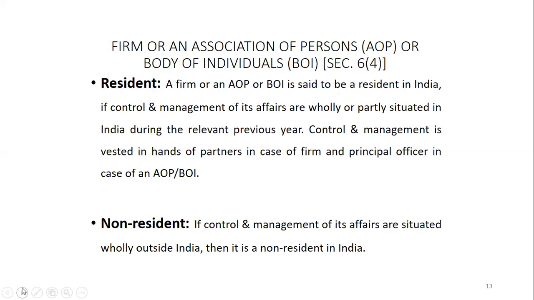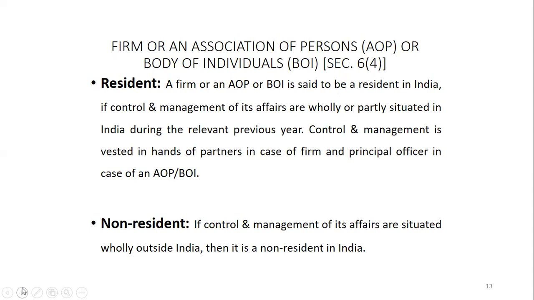Now we talk, in the last slide, about a firm or an association of persons or body of individuals, which is mentioned under section 6, subsection 4. First, we will talk about resident. A firm or an association of persons or body of individuals is said to be resident in India if control and management of its affairs are completely or partly situated in India during the relevant previous year.